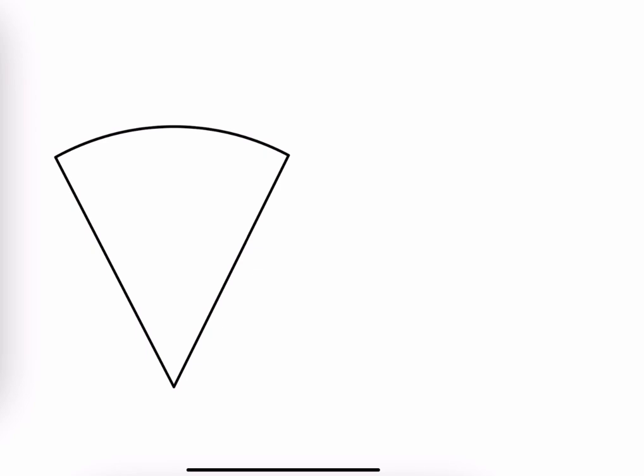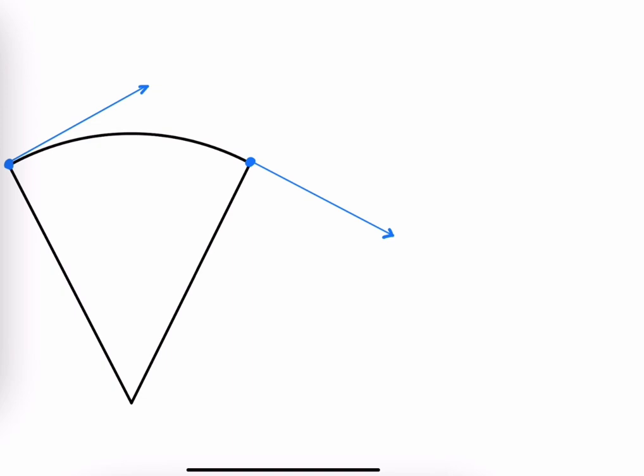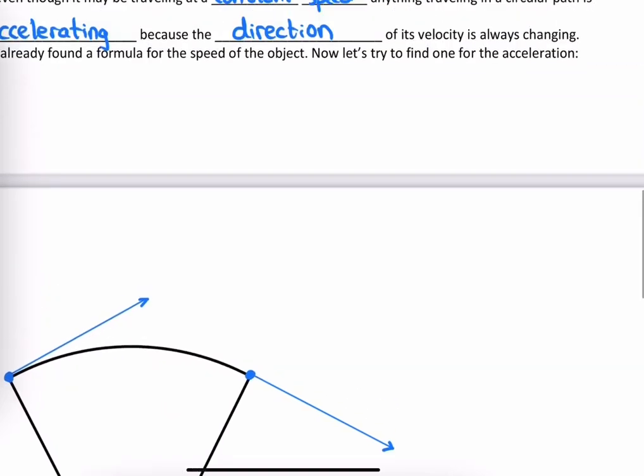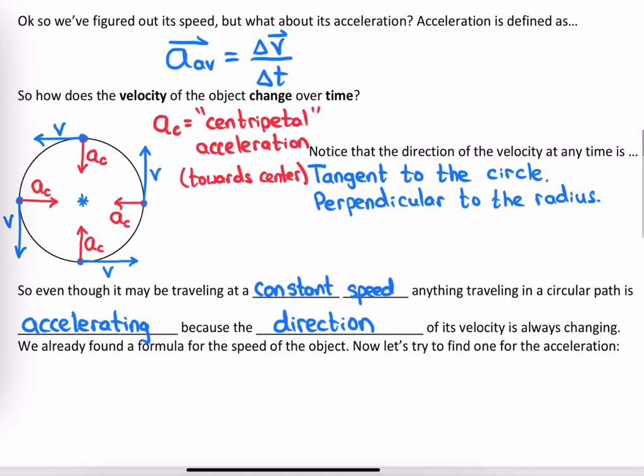Okay, so what I'm going to do is draw the velocity of the object at this point, and then the velocity of the object at this point a little while later. And I'm going to call those the initial velocity and the final velocity. Now, if we're trying to find acceleration, remember that the acceleration depends on the change in velocity.